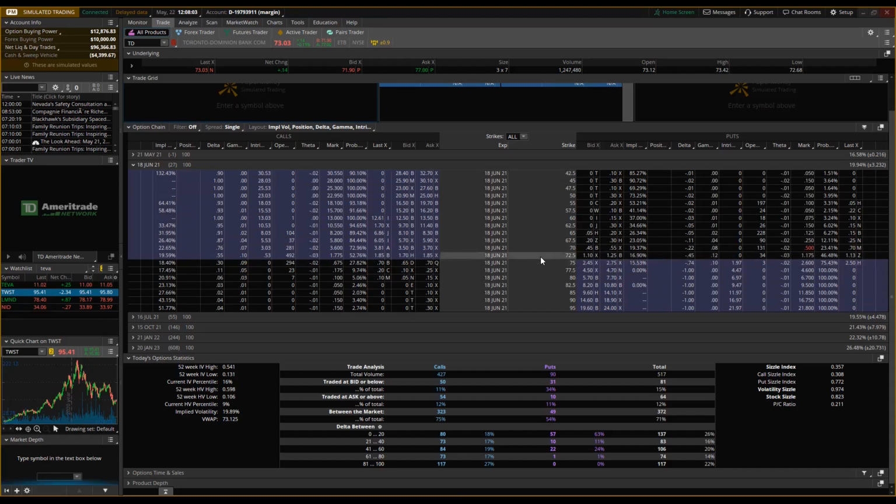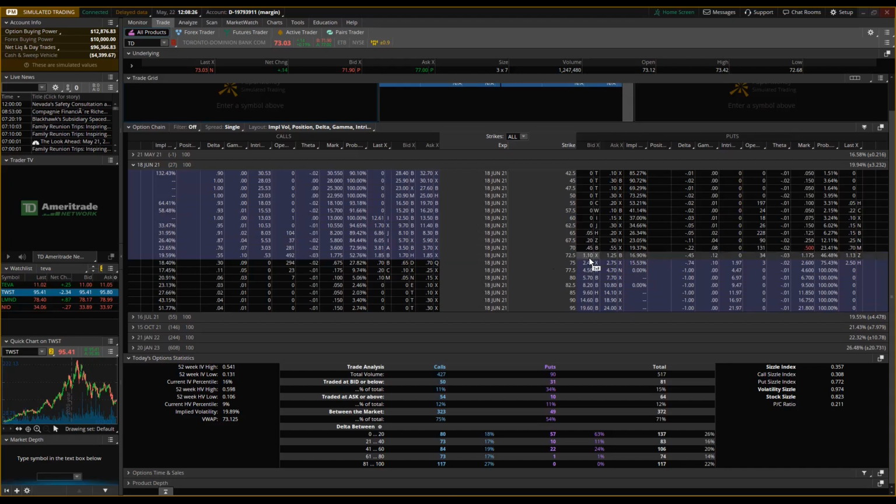So if we're looking at this option chain, we can see that there are 27 days till expiration, and we're thinking, yeah, sure, why not? The stock is going to rise, nothing's going to happen. Feeling pretty confident, we go to the market and we want to sell one put because we believe the market is going to go up.